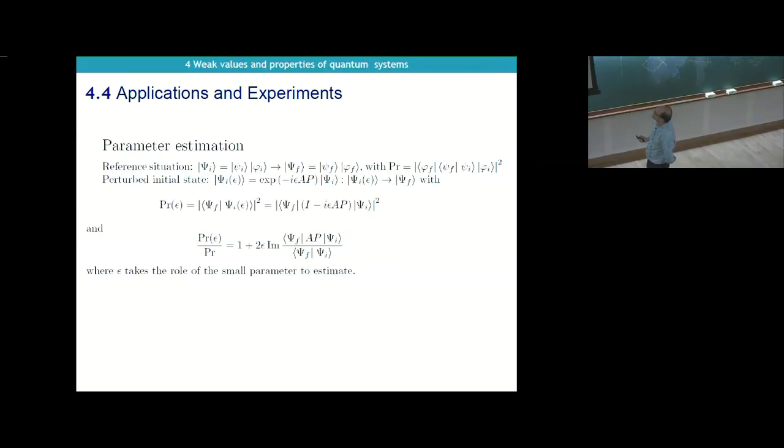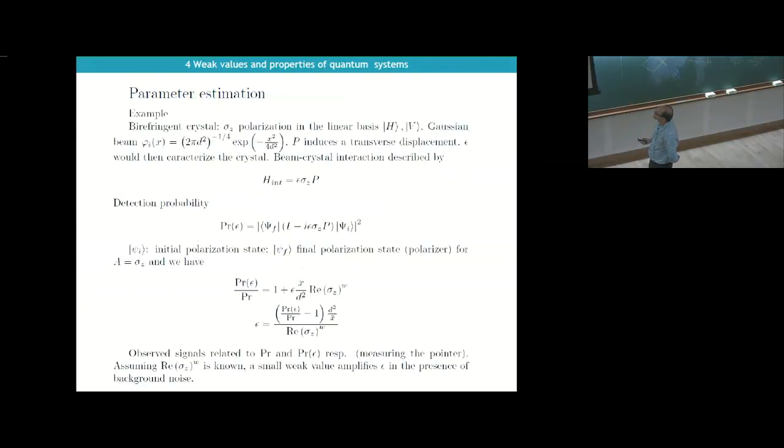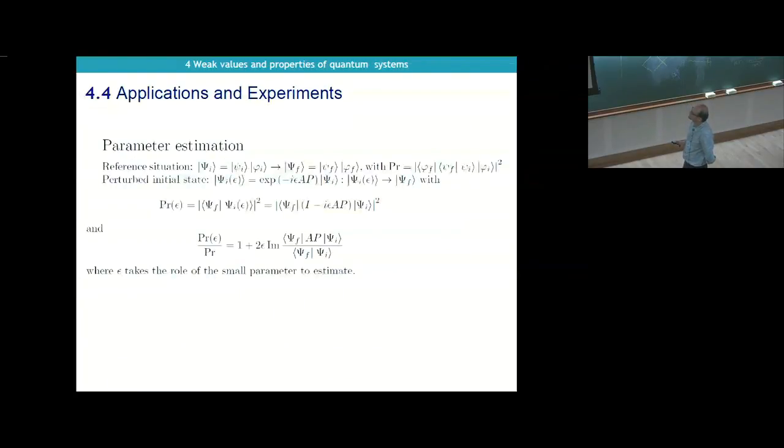So the idea is you have a reference situation in which you have an initial state, and then this goes into a final state in which you make a strong measurement, and it has some probability. And then you do something that perturbs this initial state.